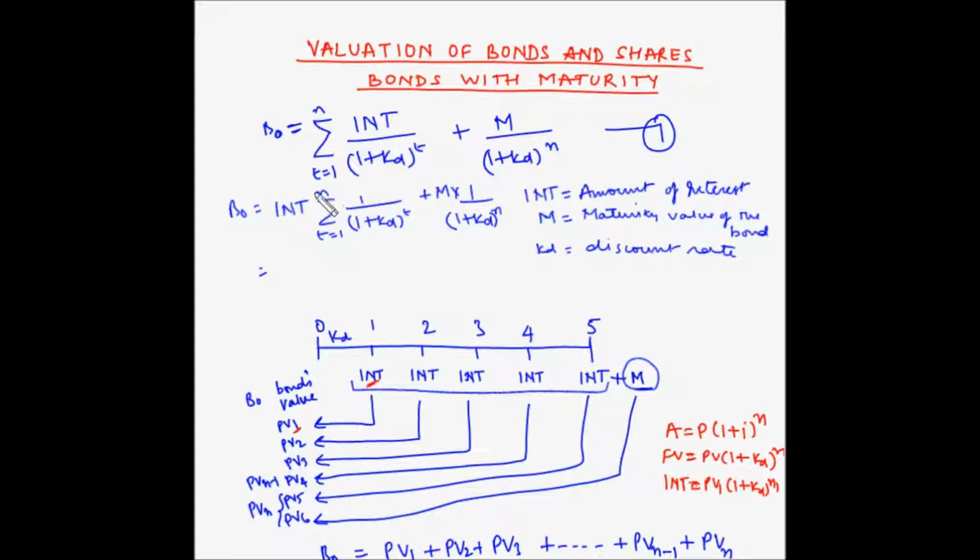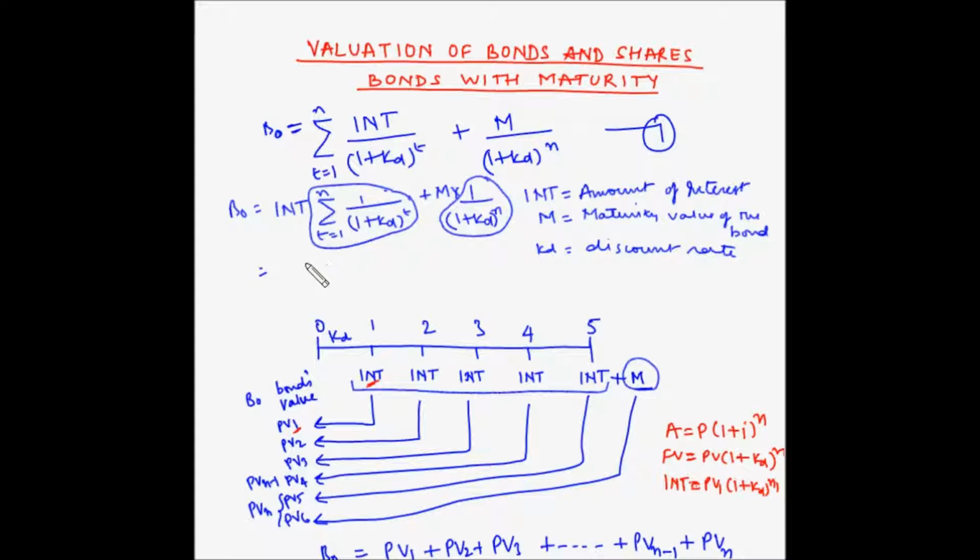So this portion can be written as the present value of an annuity factor, and this portion can be written as the present value of a lump sum.